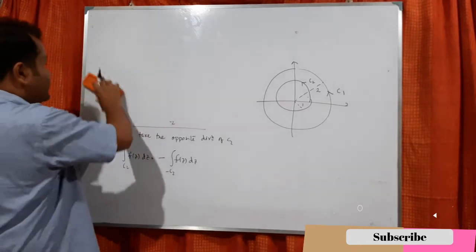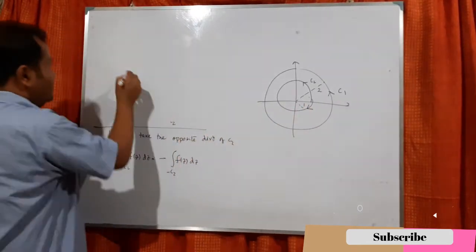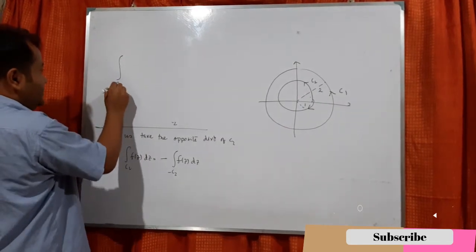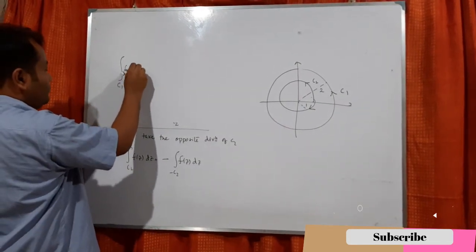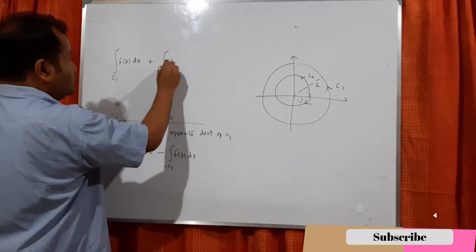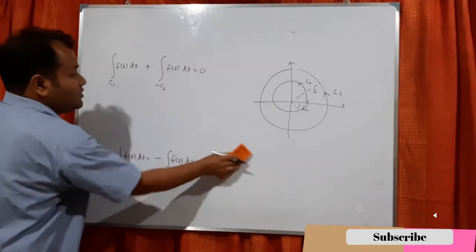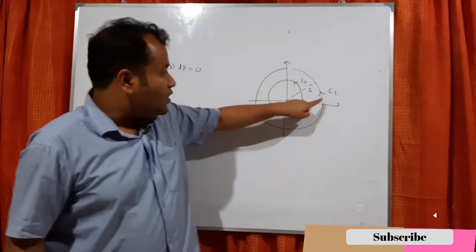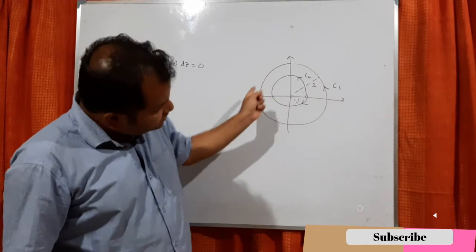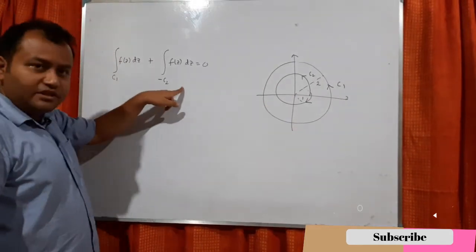So from the previous theorem, if the direction was opposite, then integral over C1 f(z) dz plus integral over minus C2 f(z) dz equals 0, because one is in this direction, another is also in the same direction, but if it was opposite, then this will be the situation.